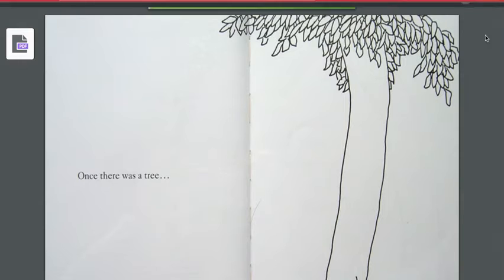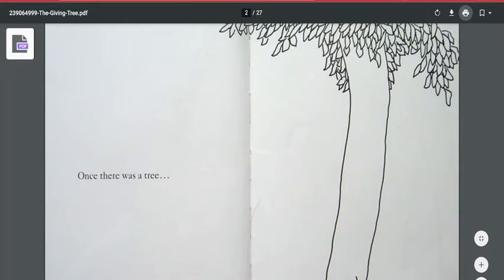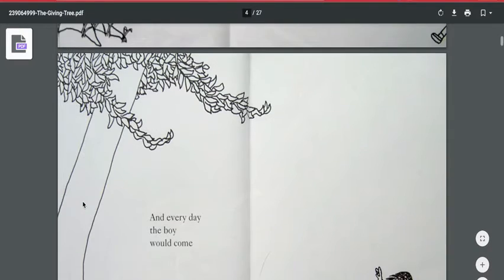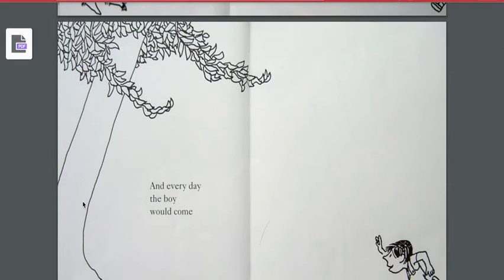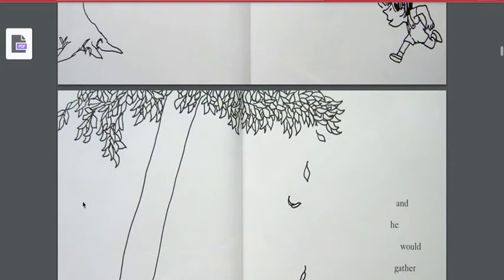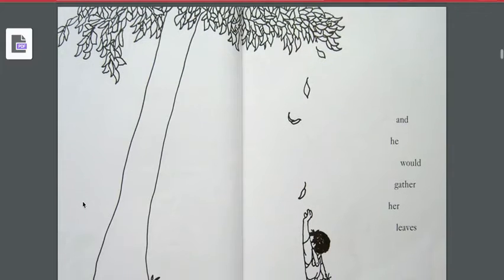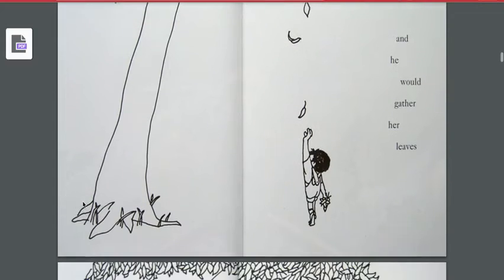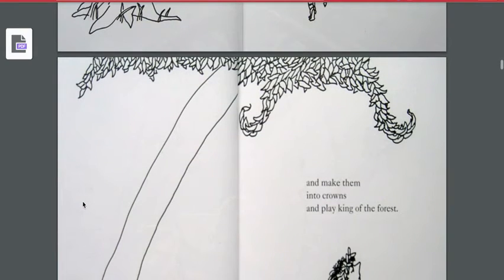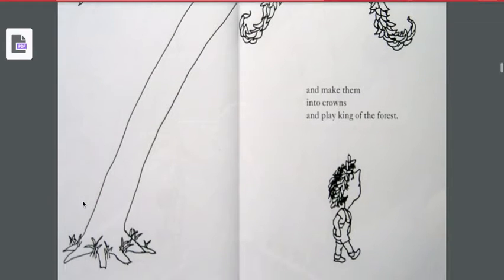Once there was a tree. And she loved a little boy. So they're making the tree a she. And every day the boy would come, and he would gather her leaves and make them into crowns and play king of the forest.